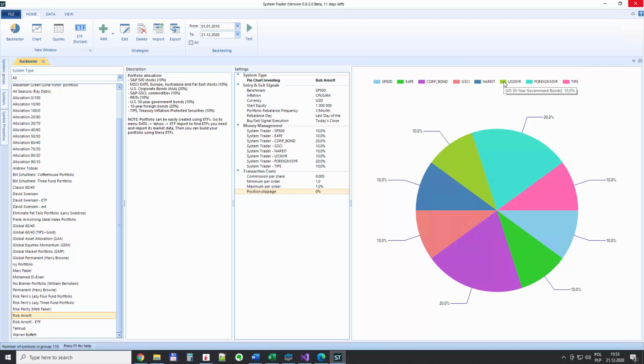So we have 10% of 30-year government bond. And also we have TIPS, Treasury Inflation Protected Securities, 10%. So all in all, this portfolio has only 30% in stocks, but still was producing a pretty nice outcome in recent years. So let's go into the details of the results of that portfolio.